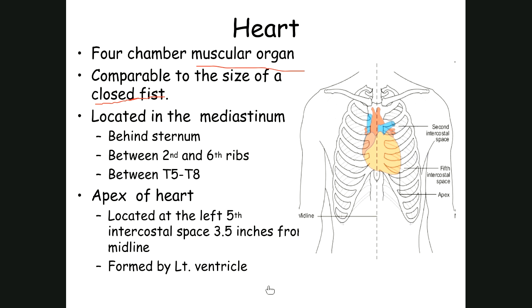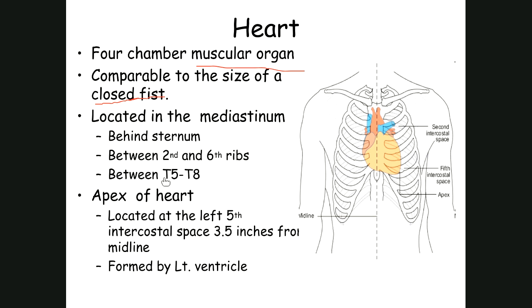This part is the apex of the heart, and the mediastinum also extends between the fifth to eighth thoracic vertebra. Okay, so that is the area where the mediastinum is present. T5, that's what I told.